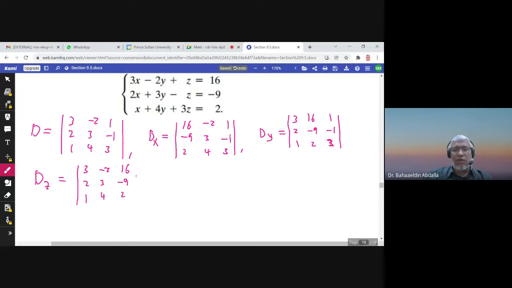So these are the 4 determinants. Evaluate each one of them, and then x would be dx over d, and y would be dy over d, and z would be dz over d, and you solve the system.